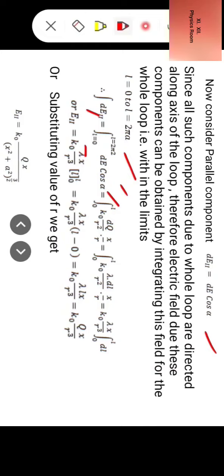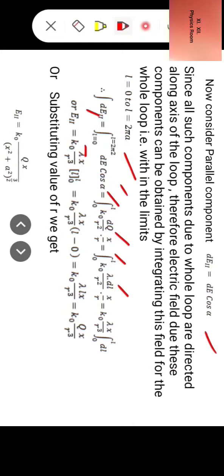That is, integration from 0 to L of k naught dq by r square into x by r. K naught dq by r square is dE and x by r is cos alpha, so we substitute the values of dE and cos alpha. Now we substitute the value of dq as lambda dl.